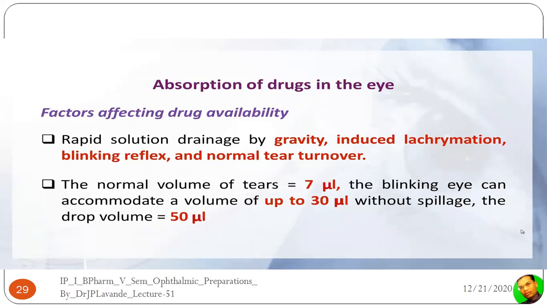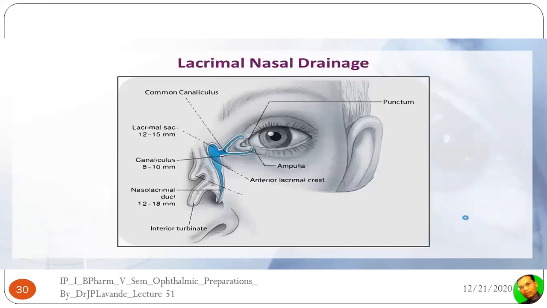So this is the difference: even a small drop contains a very large proportion of the drug, that is 50 microliter, but the normal volume of tear is 7 microliter, and the blinking eye can accommodate up to 30 microliter. So it is only the 7 microliter which is directly coming in contact, whereas the remaining will get wasted.